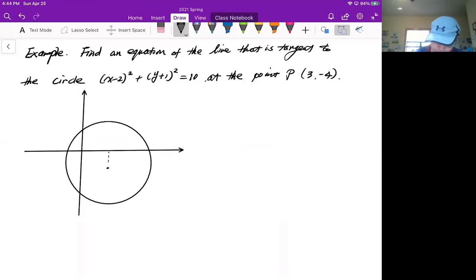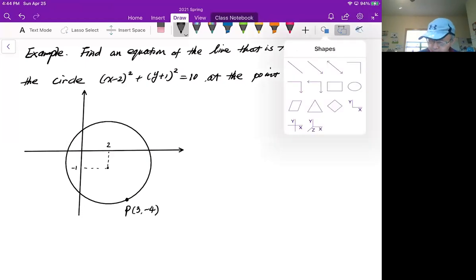So this is 2, and this is negative 1. The radius is square root of 10. Then I have a point P, (3, negative 4). And I want to find the tangent line going through that point.